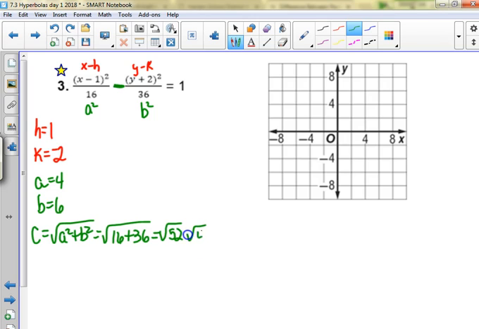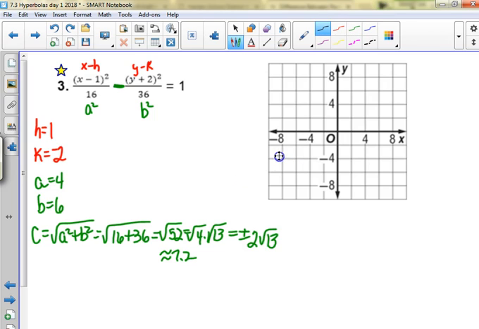Which is what? 4 times 13. So plus or minus 2 square roots of 13. Yuck. What was the decimal? About 7.2 units away. You should reduce the radical. It's probably the least of my concerns on the actual quiz. I don't think that's going to be an error.